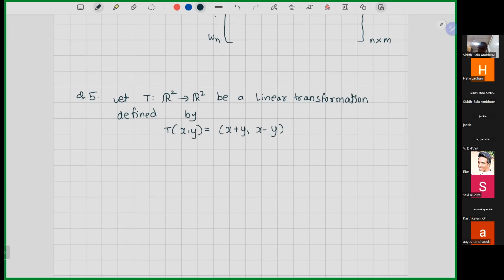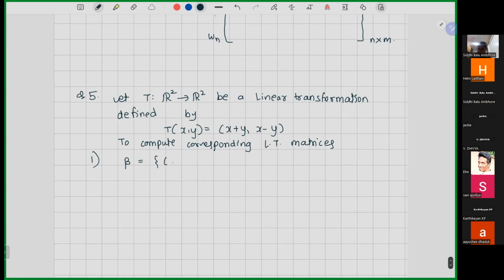Okay, and now for the first question, they are asking us to compute the corresponding linear transformation matrices. They are given beta, the standard basis in R2. So beta is the basis of the domain, which is 1 comma 0, 0 comma 1, the standard basis of R2.